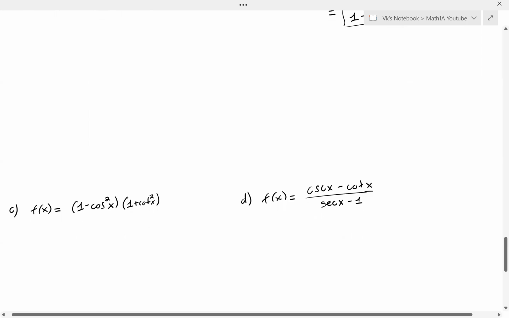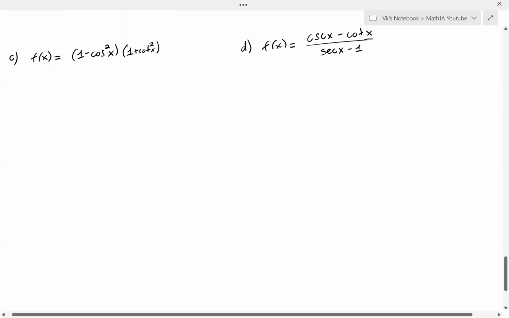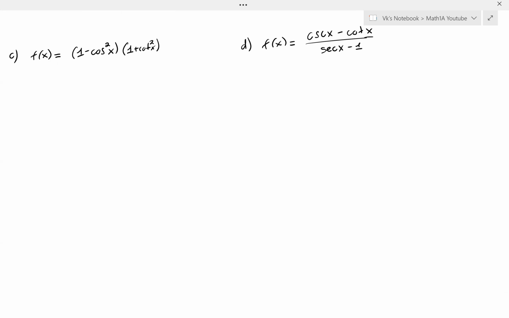2 more examples. In C, we have f x equal to (1 minus cosine square x) multiplied to (1 plus cotangent square x). Well, we can FOIL and find the derivative of each one, but that is long and tedious.